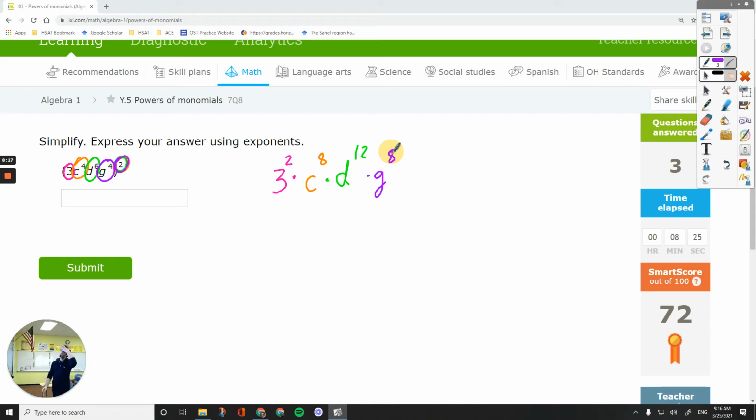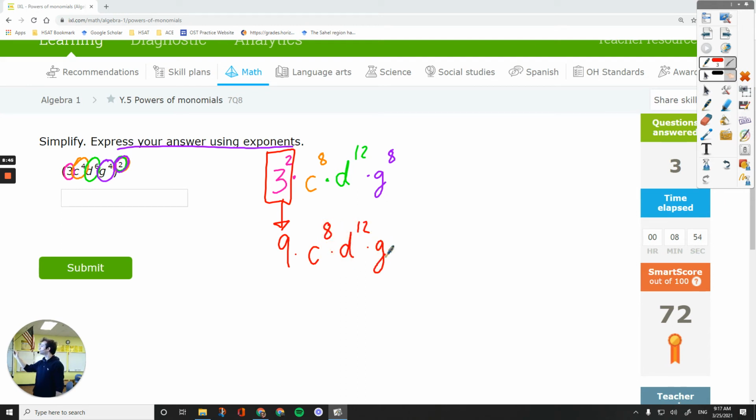Now, it says express your answer using exponents. It doesn't say use one exponent. Even if it said that, it wouldn't be possible because the bases are different. But what we can do is, if you just put this as your answer, I would say IXL is not going to accept it because you can simplify this. 3 squared is 9, then c to the power of 8, d to the power of 12, g to the power of 8.